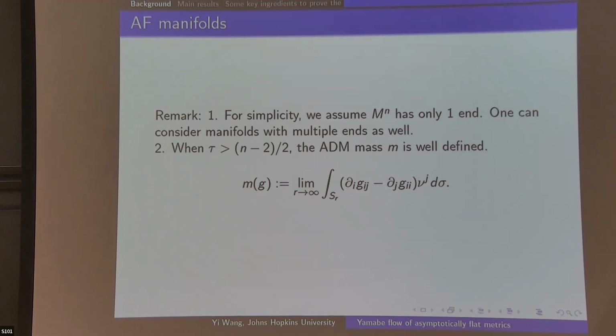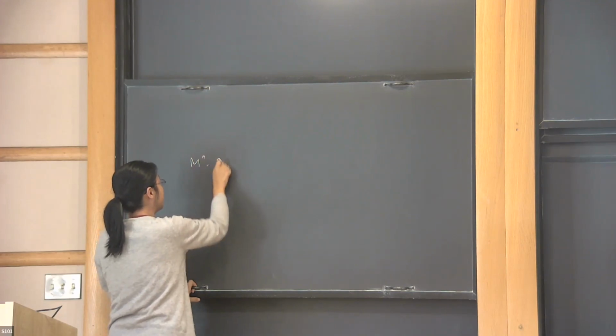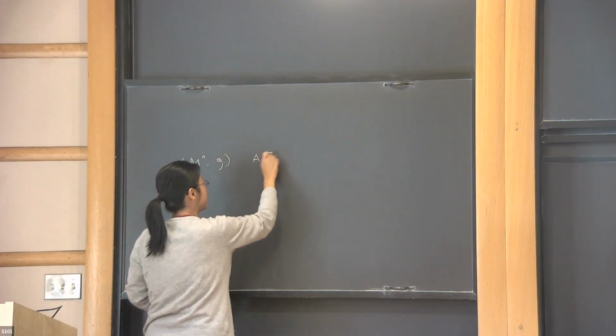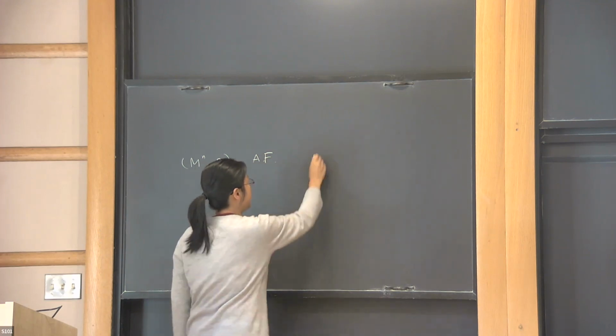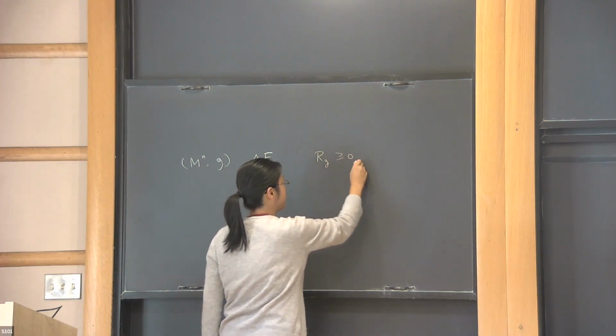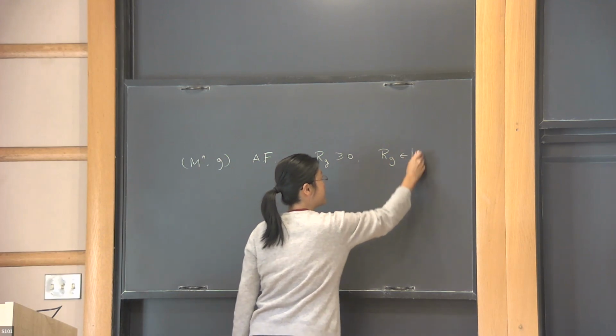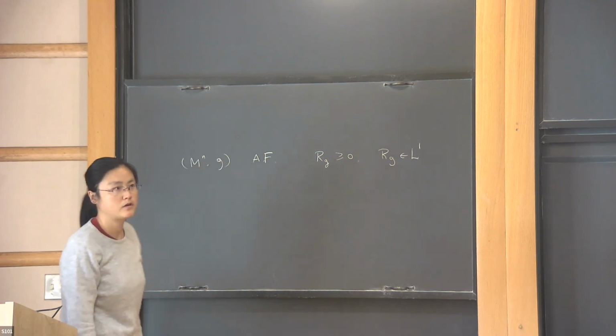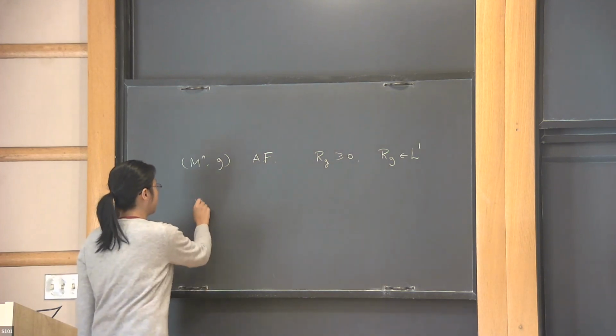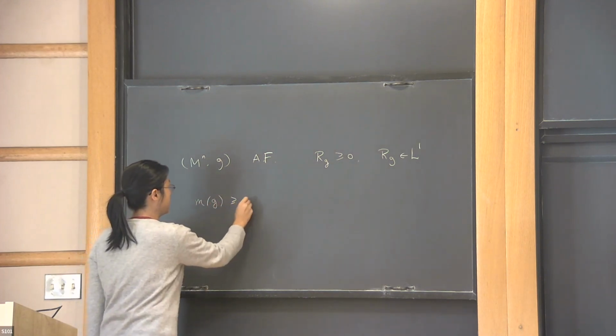Yeah, for the ADM mass, the most famous and important result is the positive mass theorem. It says that if you have an asymptotically flat metric on which this mass is defined, and if the scalar curvature is non-negative and in L1, so integrable, then this ADM mass must be non-negative.